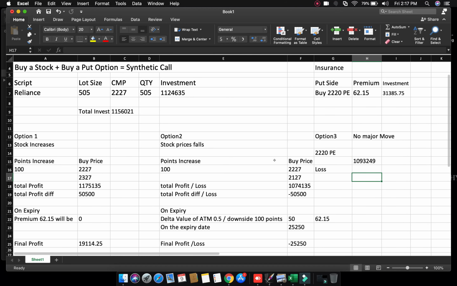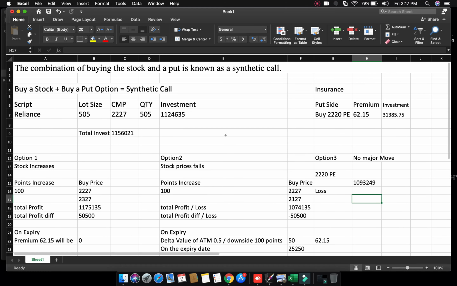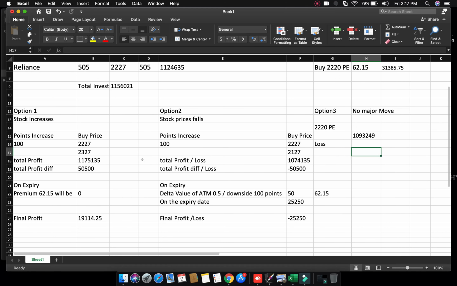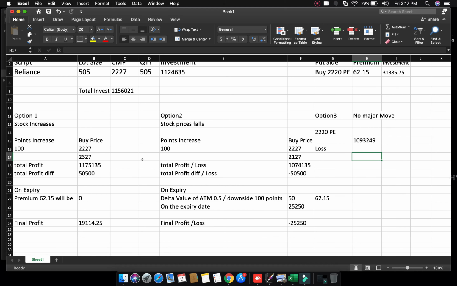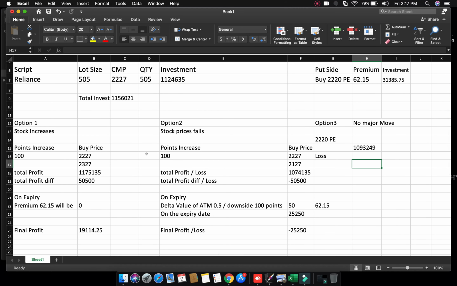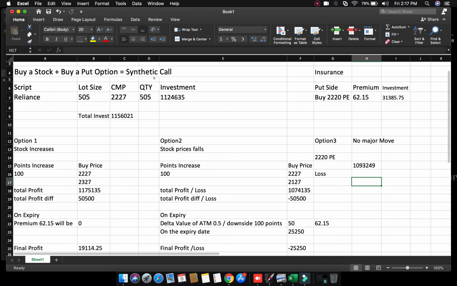So when can the synthetic call be used? When you are bullish on the market, but you think that in the near term the price may start to fall, maybe there is a correction. For example, in an uptrend, a higher high is formed and the market is trying to go for a higher low. At that time you can go for a synthetic call.